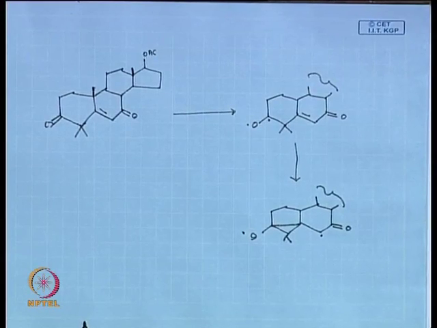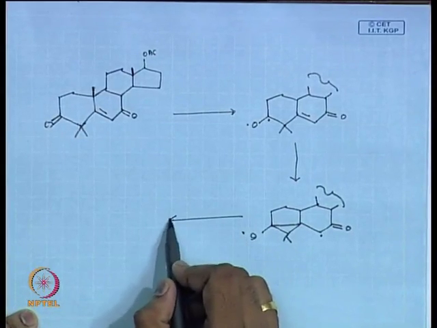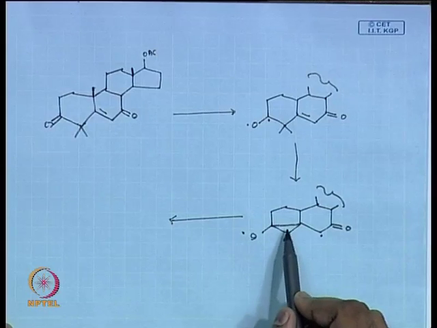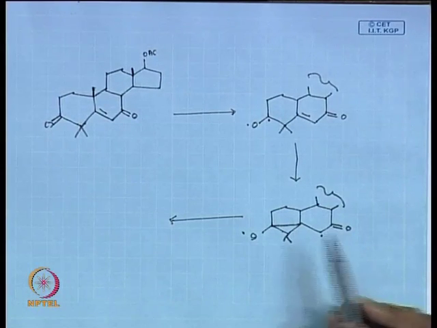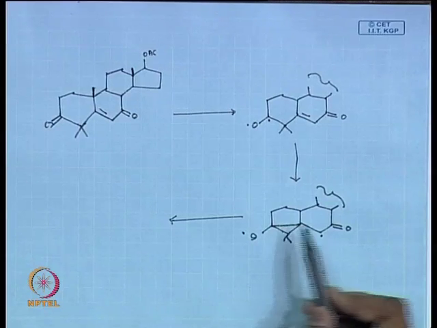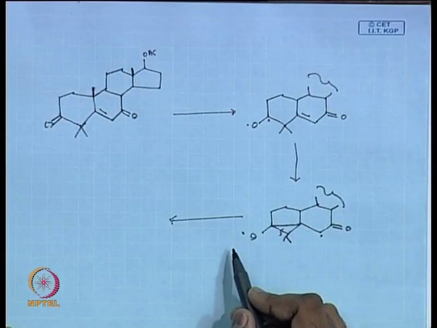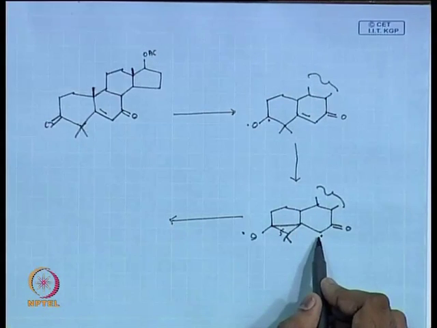After this, your choices are to break the bond, right. So you can break this or this or this. Those are the only 3 bonds. You don't want to break a newly formed bond. So you want to break this because you want to get a ketone back. Once you break this, it becomes a radical. That radical can cyclize with this.